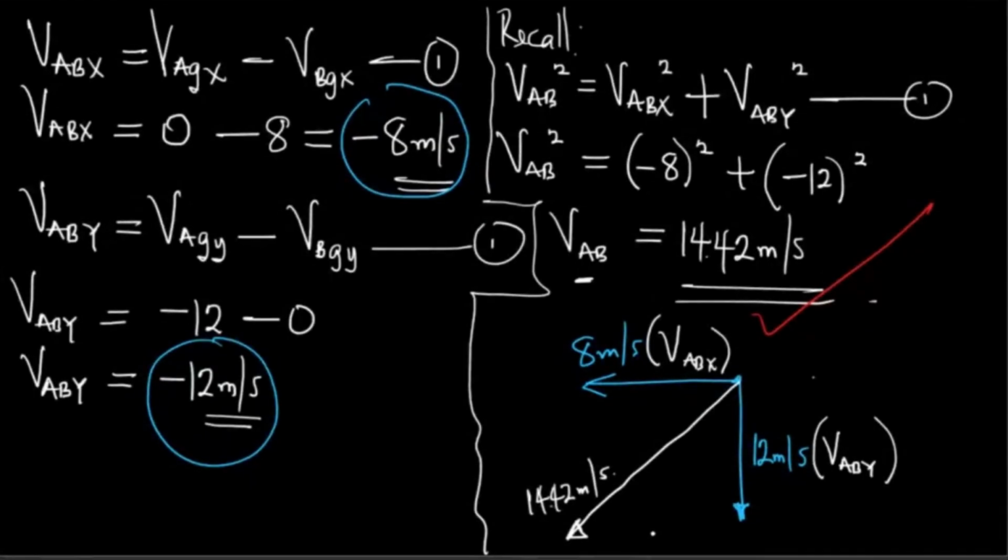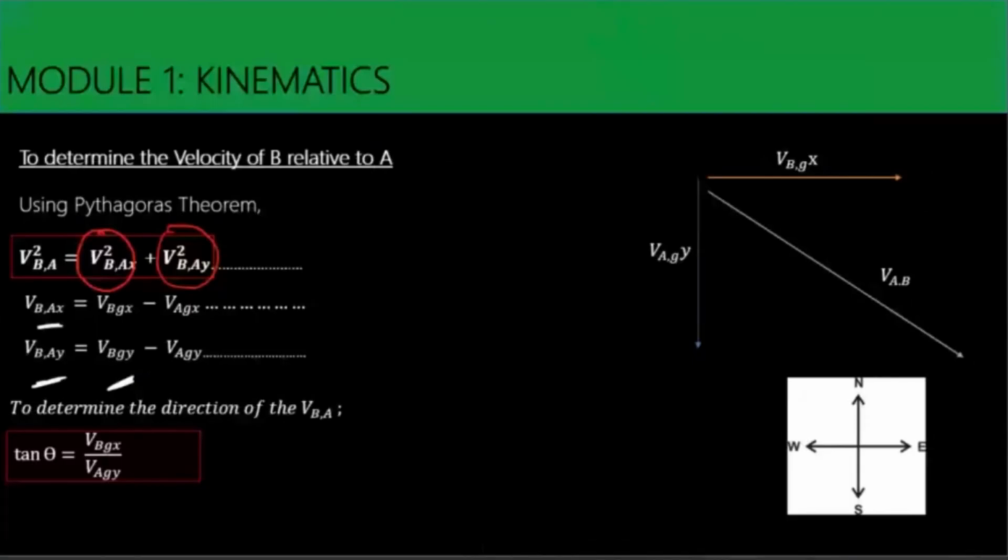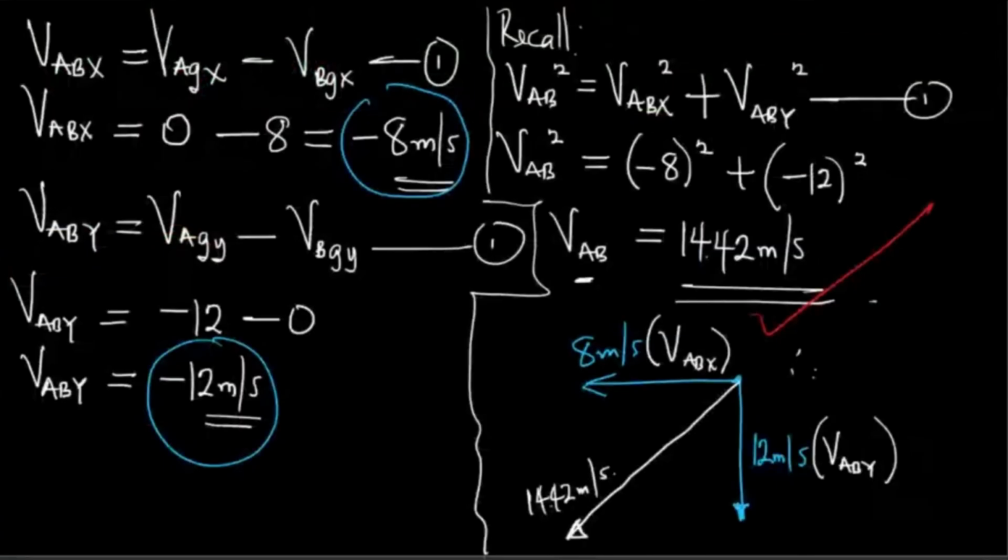Now, how do you calculate the direction? You're going to use tan. You can see from the formula here. So tan theta is going to be equal to 12 over 8. Now, I use 12 over 8 because I'm considering this as my angle.